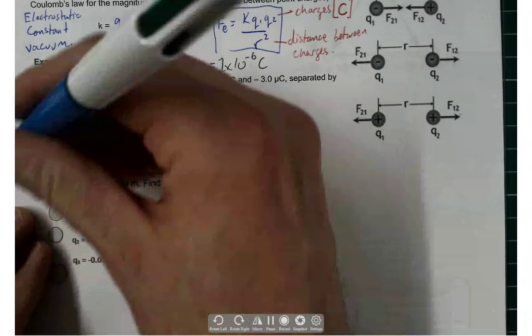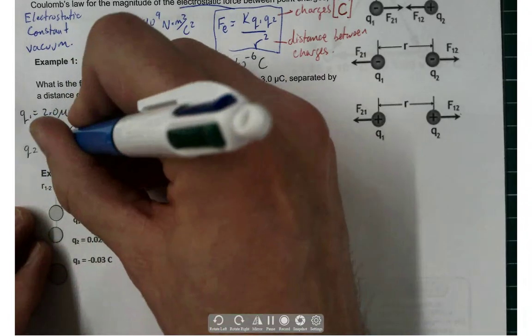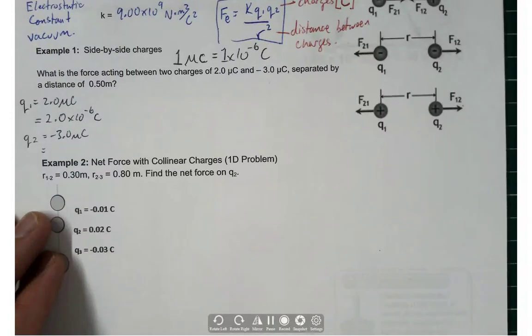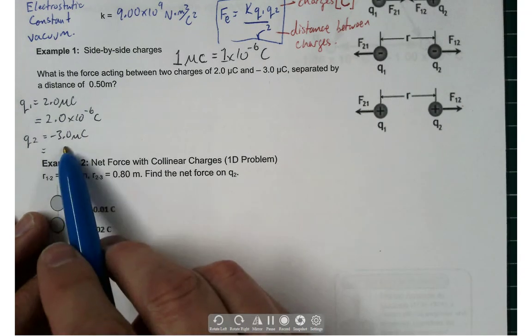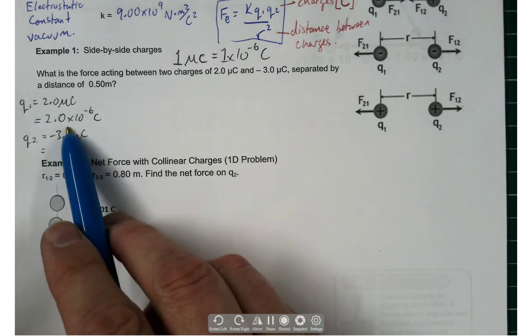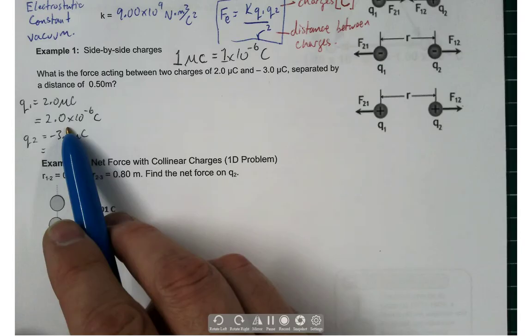Q2 is negative 3.0 microcoulombs, and the negative sign is a part of the charge. Remember, if it's negative, it has an excess of what? An excess of electrons or an excess of protons? Yeah, if it's negative, it's got excess electrons. If it's positive, you could talk about it as an excess of protons, or a lot of people will talk about it as a deficit of electrons.